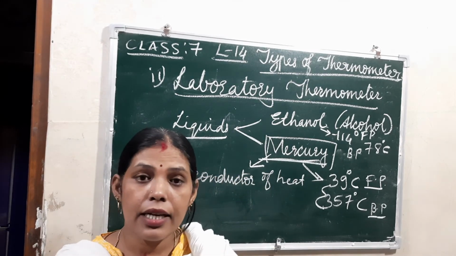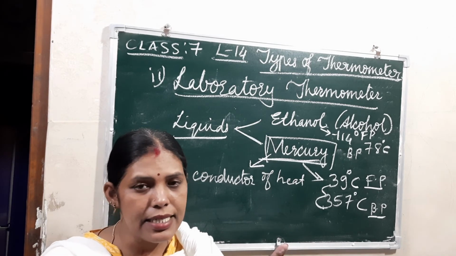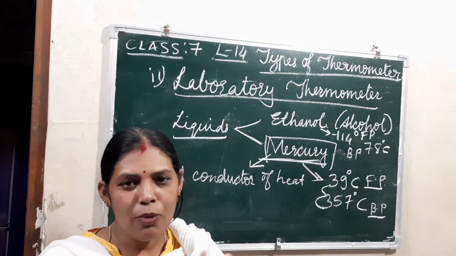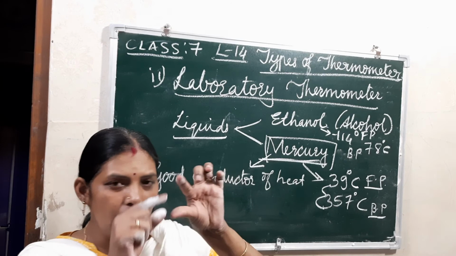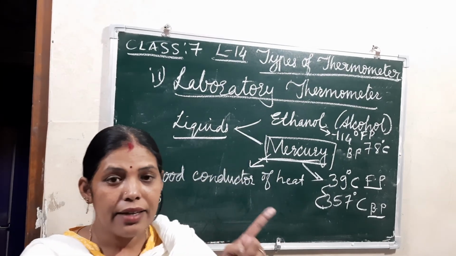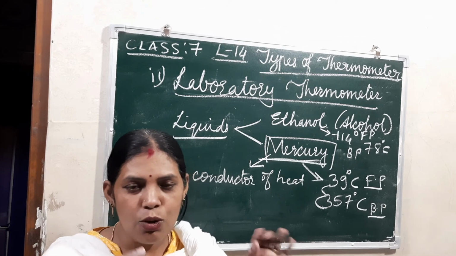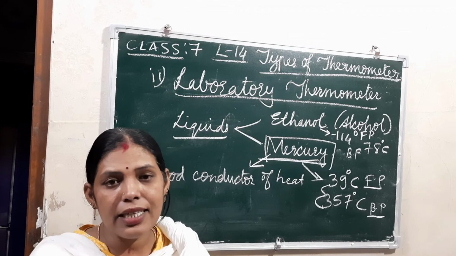The clinical thermometer we use is either digital or normal. In the normal one we see the mercury thread and find out the temperature. In the digital one, those who are not able to see the thread can easily read the digits.